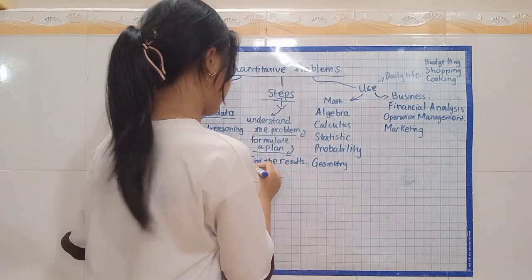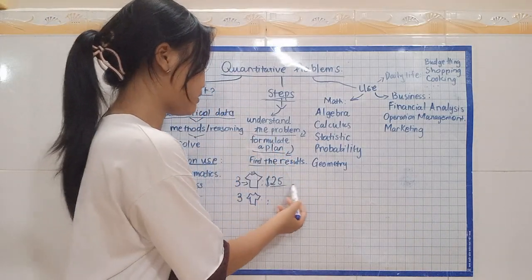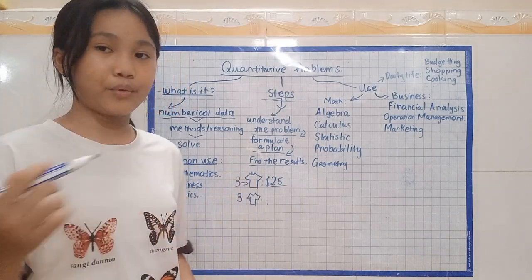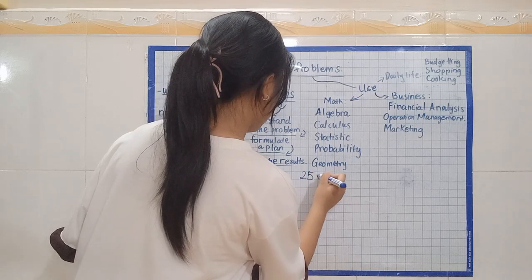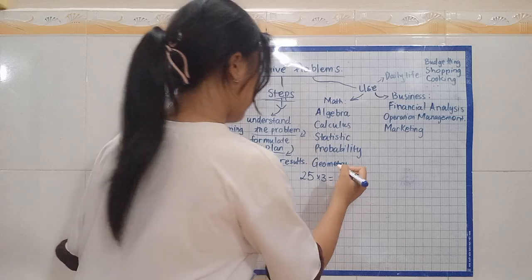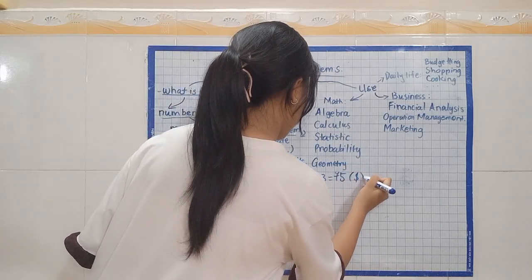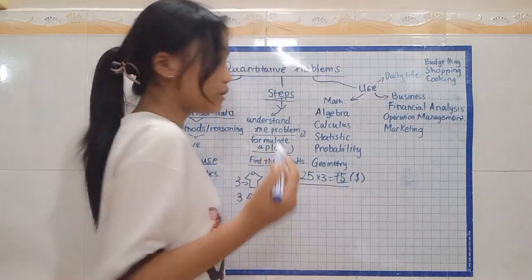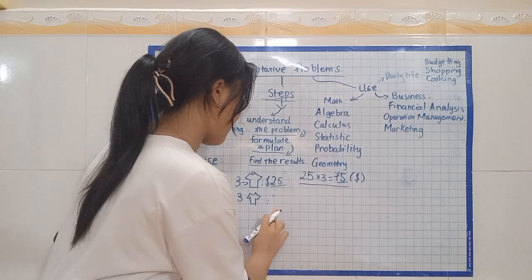And lastly is to calculate the result. So we have one shirt at $25. We buy three shirts. So we would do an arithmetic problem, which is 25 multiplied by 3, and it equals 75. So because of this, I understand that three shirts cost $75.